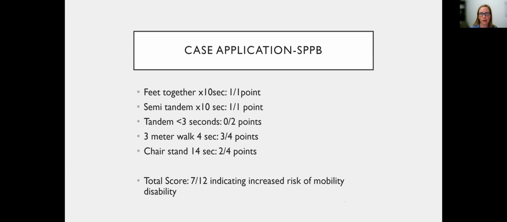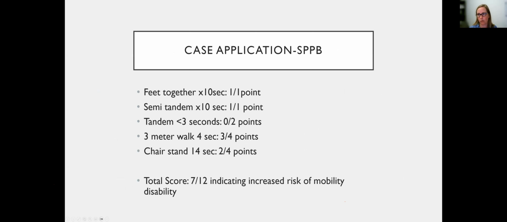Then if we look at our mobility aspects, finding out where he is. This is the short physical performance battery, and we have him do these balance assessments. He scores a 1 point. He does well with feet together and semi-tandem, but when he goes to put one foot in front of the other in tandem, that's where he has a little imbalance.